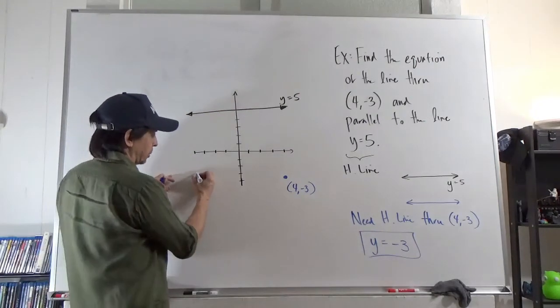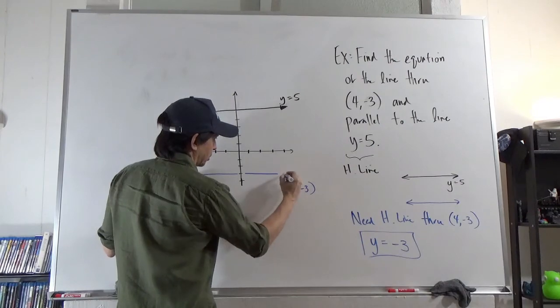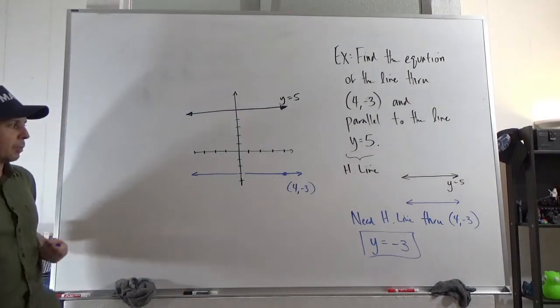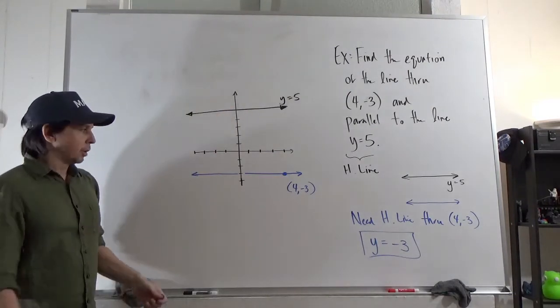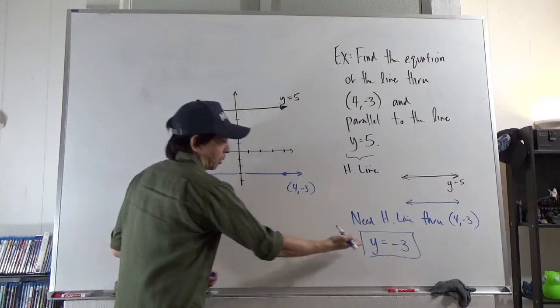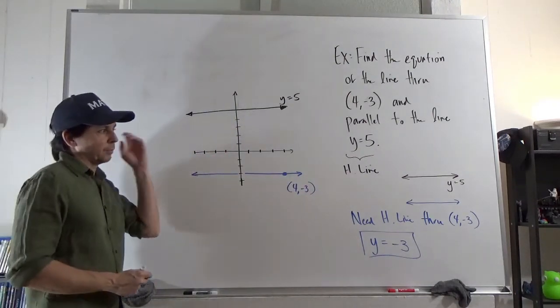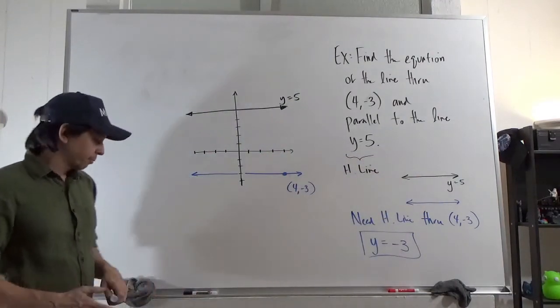Our line is also going to be a horizontal line. Oops, I misplaced it. Okay, that's the line that we want, passing through (4, -3), parallel to y = 5. What's the equation of that line? It's a horizontal line, y = -3. Perfect, and we're done. So anyway, 2 horizontal lines are parallel, 2 vertical lines are also parallel.